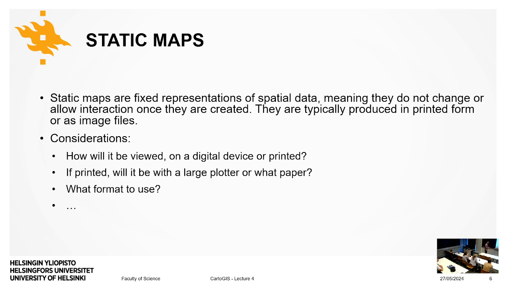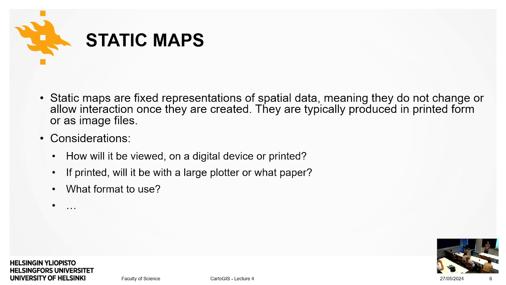So let's just start with the static maps, and then we go through design details of static maps and interactive maps separately. A lot of design things that I'm not going to repeat today are universal. We have already talked about visual hierarchy, visual variables, color choice, symbols, and so on. So those are universal.